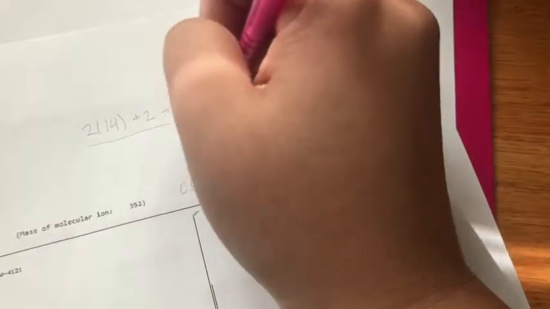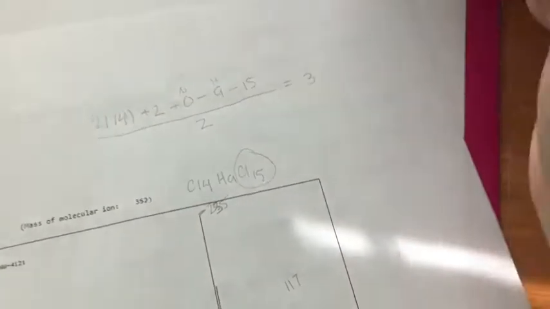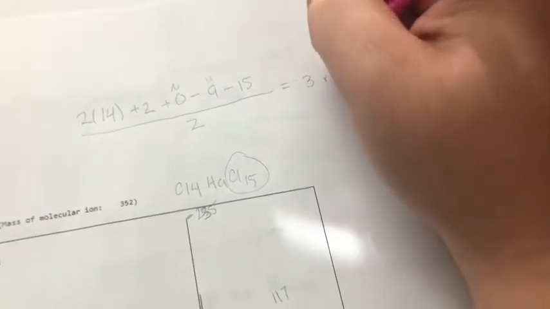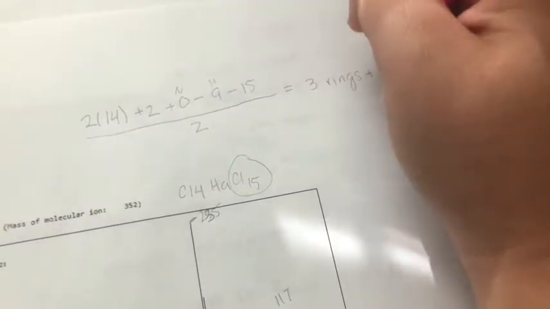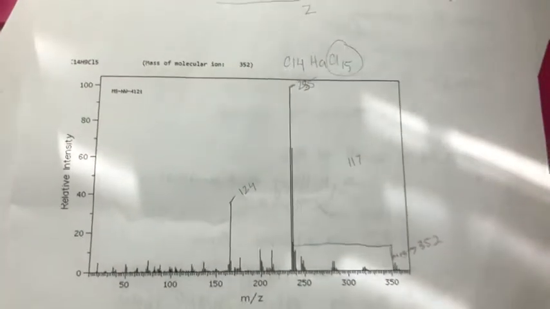That's going to be all over 2, and that gives us a degree of saturation of 3. So it's either going to be 3 rings or double bonds. And that is all for mass spec.